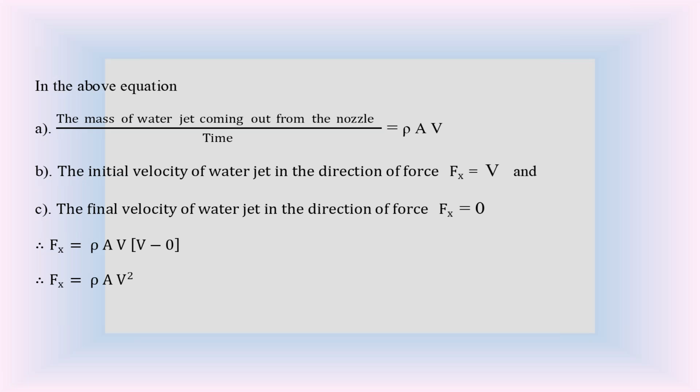So the final velocity of water jet in the direction of force Fx is V cos theta. Theta is 90 degrees, so it is V cos 90 degrees, that is equal to 0.